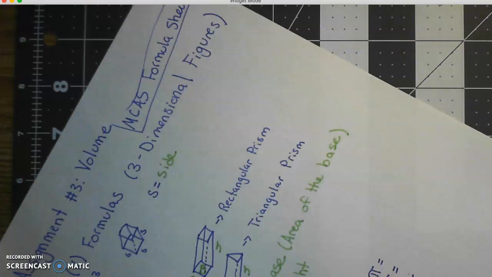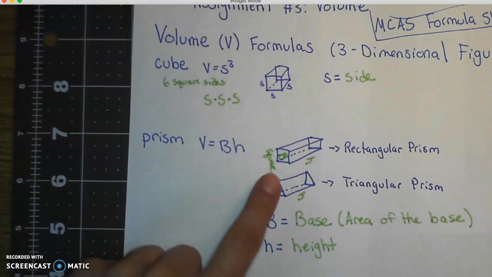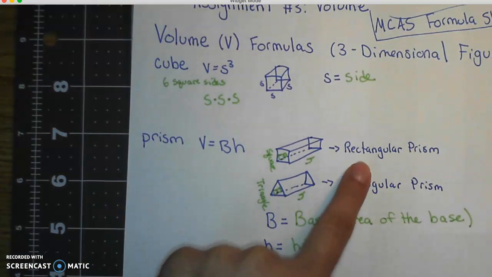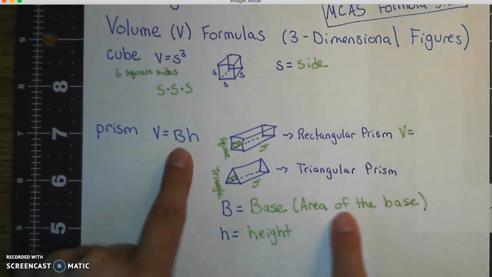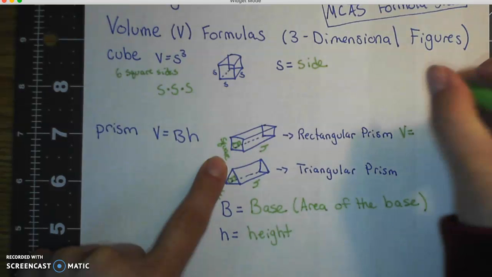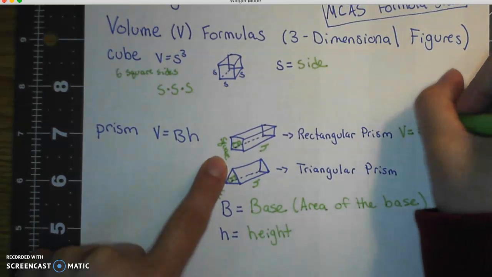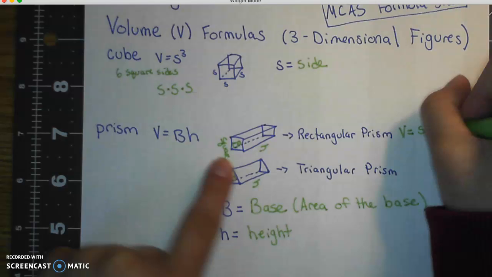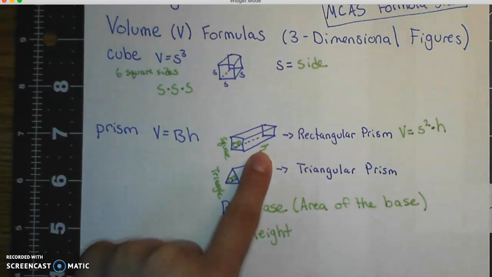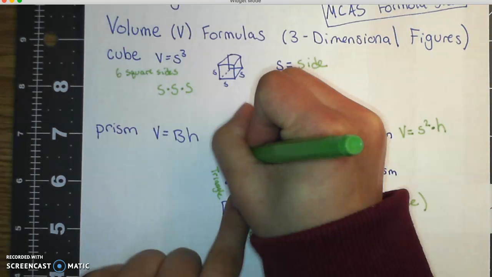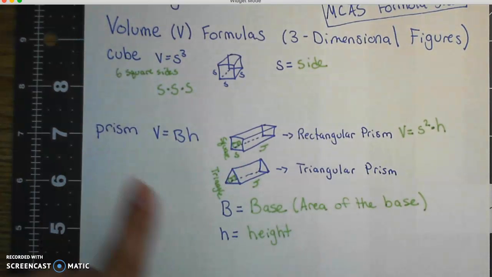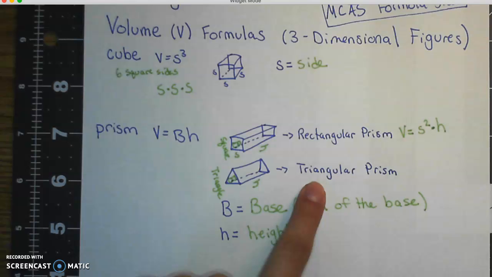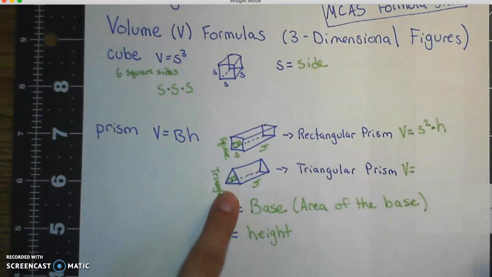For the rectangular prism, our volume would be the area of the base, which is a square. So that's side squared times H, where side is right here. And then for this triangular prism, the area of the base is a triangle.